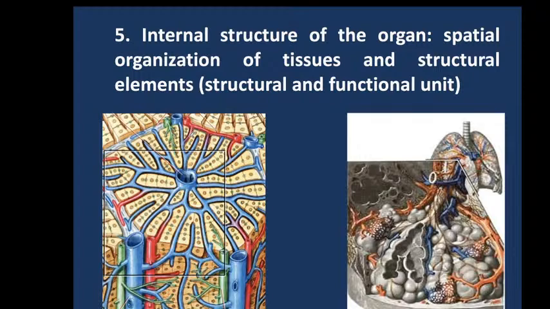Next is the internal structure of our organ. This is some kind of special organization of tissue or structural elements. For example, here this is a liver under quite middle magnification, and we see this octagonal, six-angle structure, and this is the hepatic lobule.